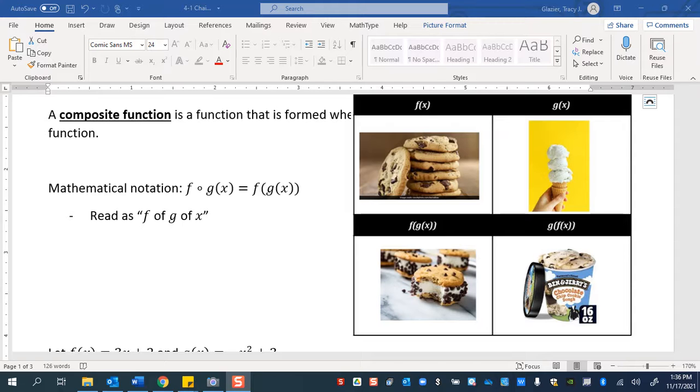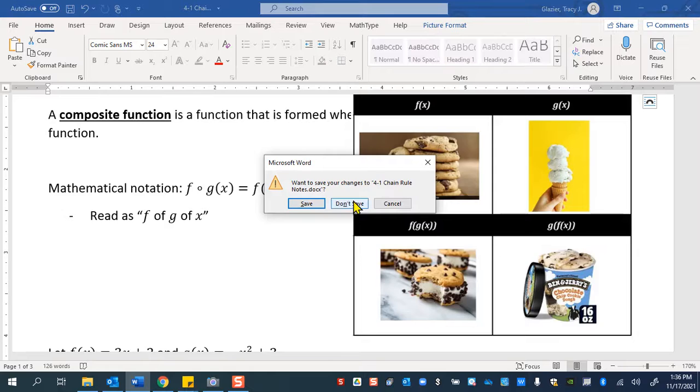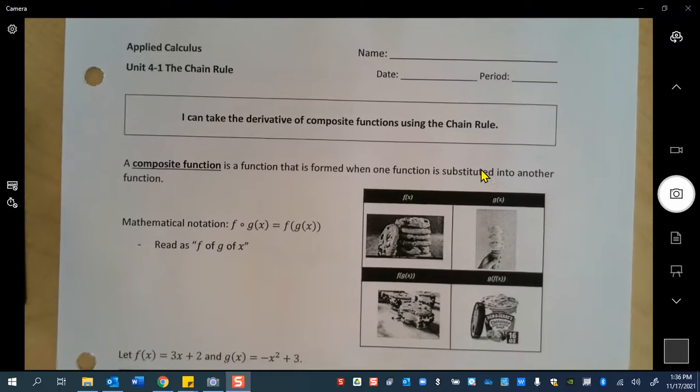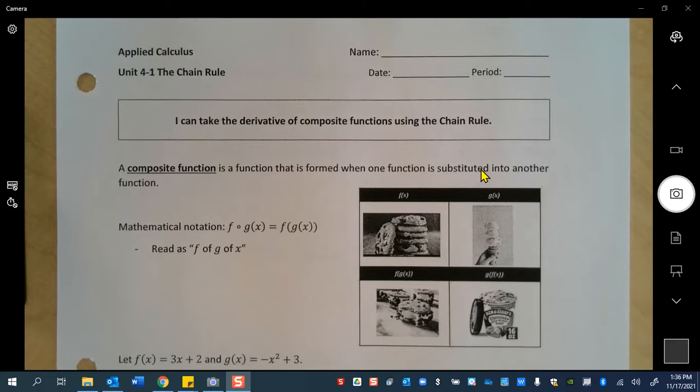Make sense? All right. So if you look at today's notes, we'll work through these together. We'll close this out because that was so fun, looking at those pictures. And we'll say that we can take the derivative of a composite function. So we're going to learn something today called the chain rule.